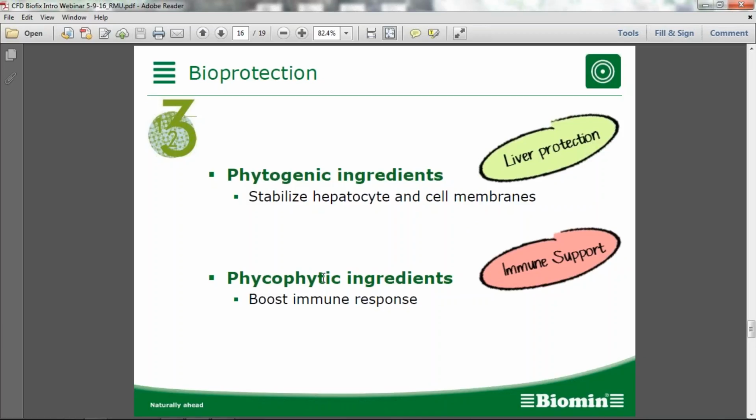There are also phycophytic ingredients, which would be ingredients of algae origin. Different types of algae contain a wide range of minerals and elements, in addition to vitamins and other ingredients like important carbohydrates and amino acids that can all be used to contribute to increasing the animal's immune response to the toxins.